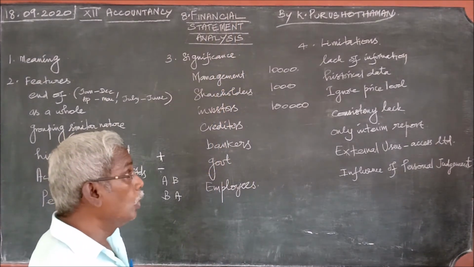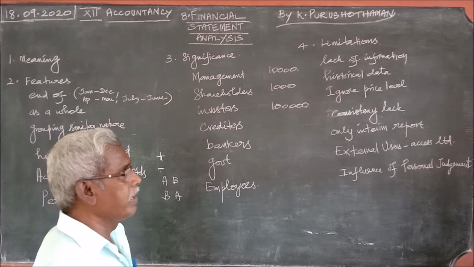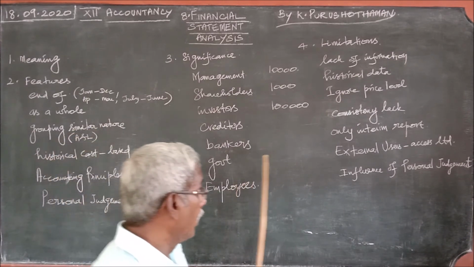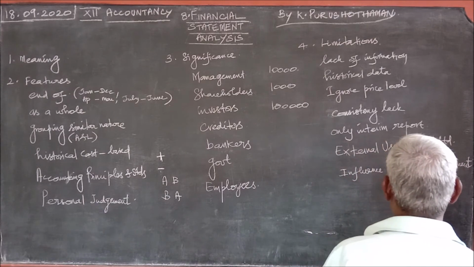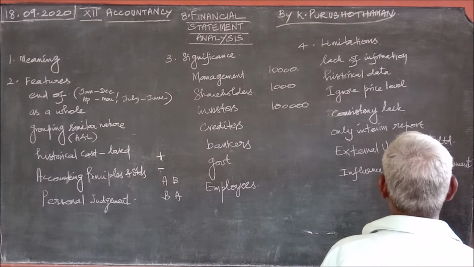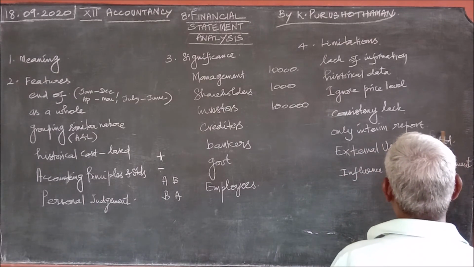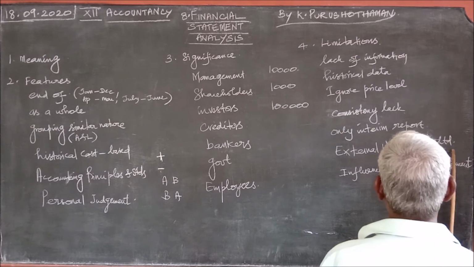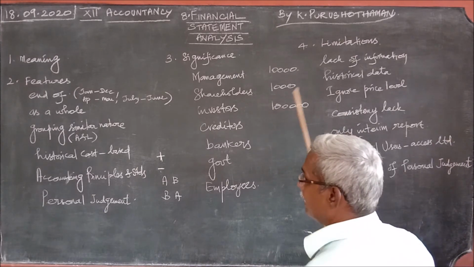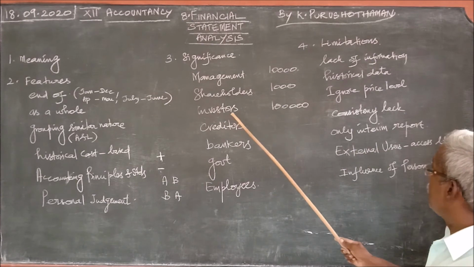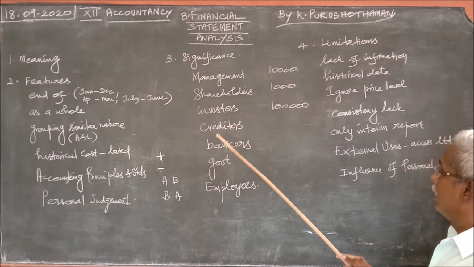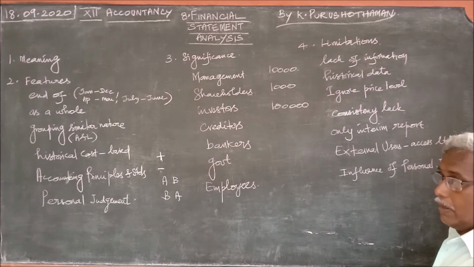But the original financial statement is not made available for these external users. Therefore, this access, that is getting information, is very limited. Getting information by these external users, investors, creditors, bankers, and government, is very limited.